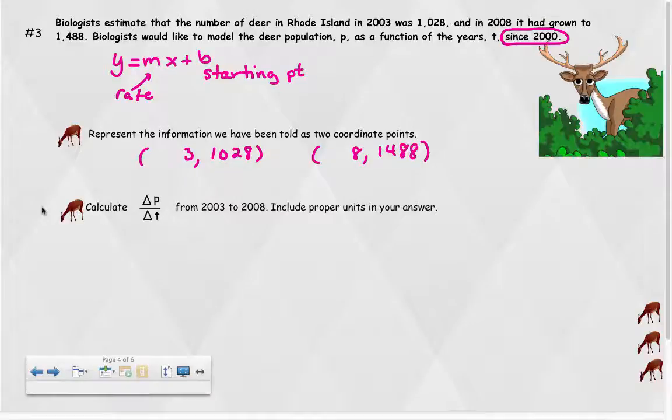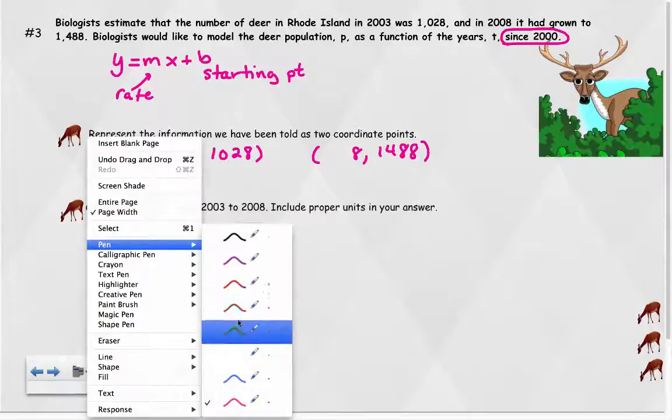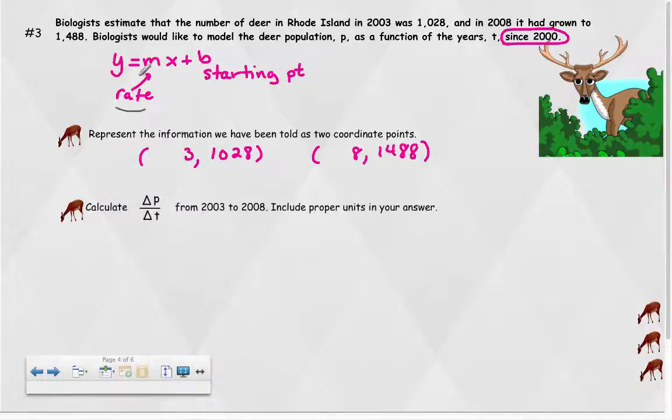So we would calculate the slope now. That's how we find the rate. Remember, this is the rate. We need a rate in order to write our model, our deer population. So the change in the population over the change in time, because the years will make the deer dependent on how many years have gone by.